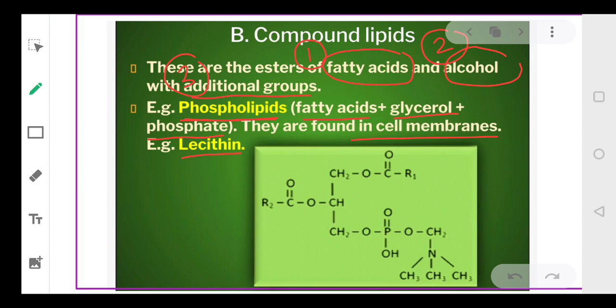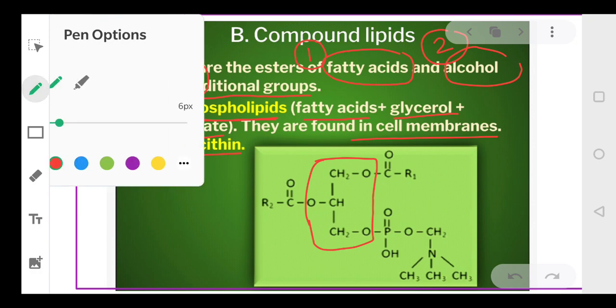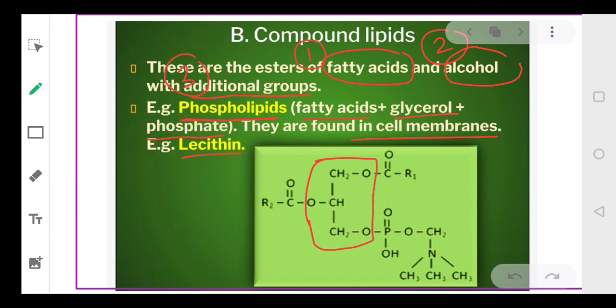Now let's understand the structure of the compound lipid. Again we will observe that this particular central part is your glycerol molecule. This is your fatty acid. So two fatty acids, and in addition to this you can see there is a phosphate group. आपका glycerol molecule present है, आपके 2 fatty acids present हैं, और एक आपका phosphate group present है.